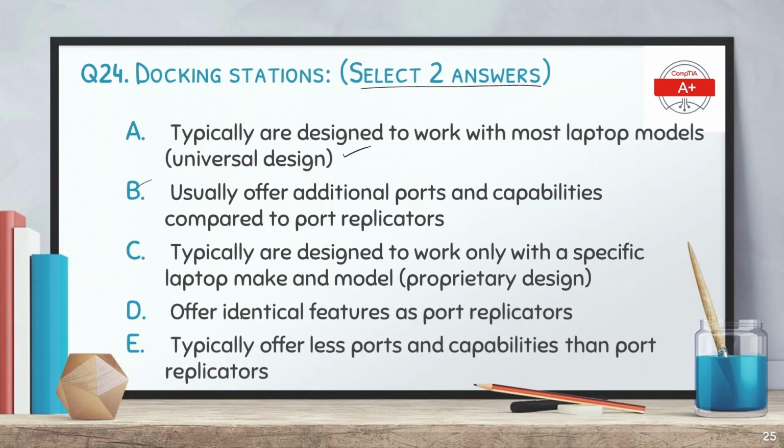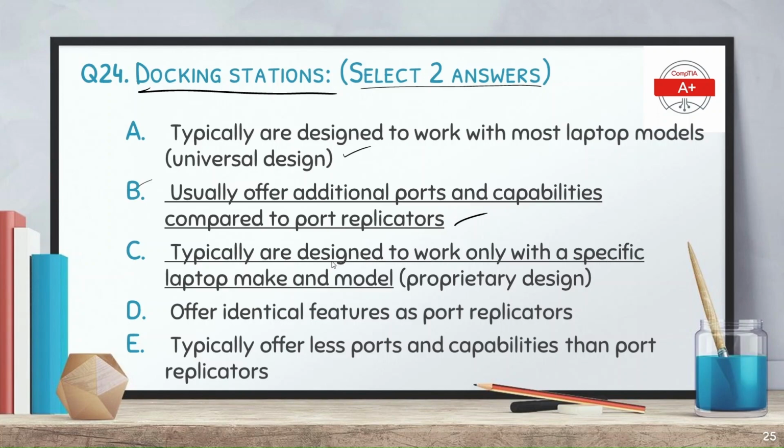D, offer identical features as port replicators, and E, typically offer less ports and capability than port replicators. So the correct options regarding the docking stations are that they usually offer additional ports and capability compared to port replicators, and they typically are designed to work only with a specific laptop make and model, so they are proprietary design.